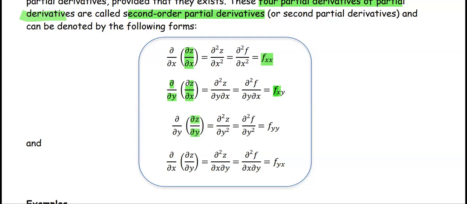Similarly, the partial derivative of z with respect to y, which is f subscript y, and then you find the derivative with respect to y on top of it, you just add another y to the subscript. When you find the partial derivative of z with respect to y first, or f subscript y, and then find the partial with respect to x later, you just put the x in the back there. So the order is kind of backward.